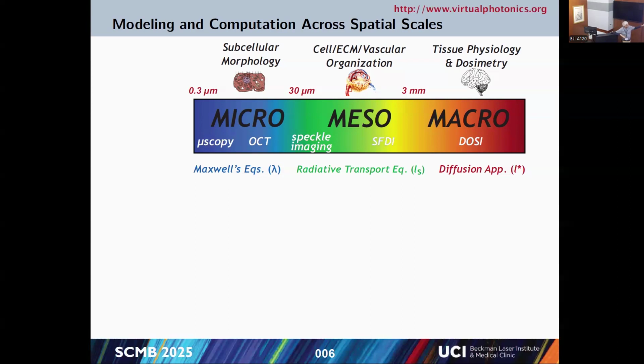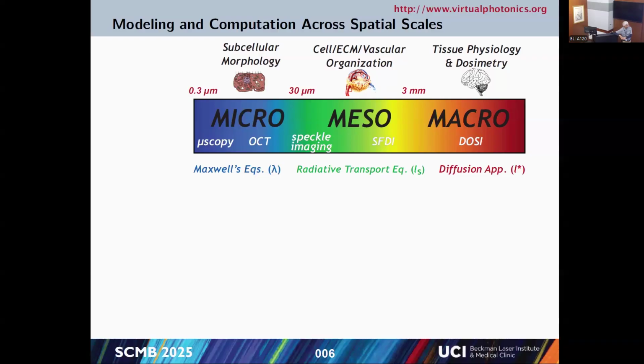The spatial scales over which you transition from the wave formulation to radiative transport to diffusion are parameterized by three spatial scales. So for Maxwell's equations, the fundamental spatial scale involved is the wavelength of light. And as you propagate and scatter over multiple wavelengths, that's when you start to lose coherence. The characteristic length scale in which radiative transport is operative is what we call L sub s.